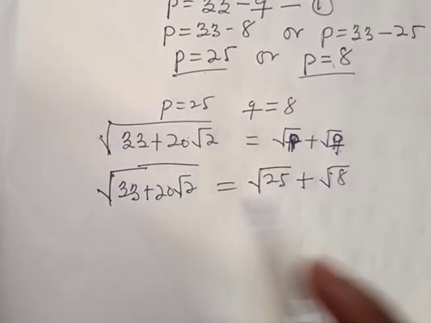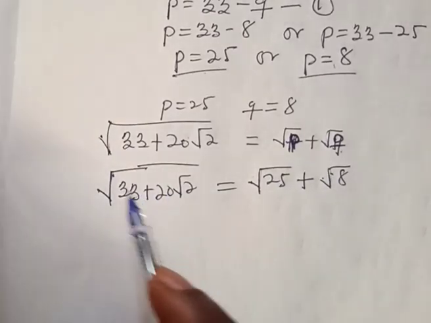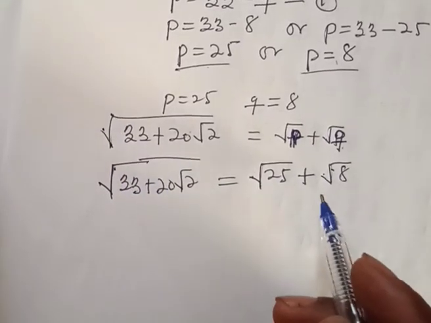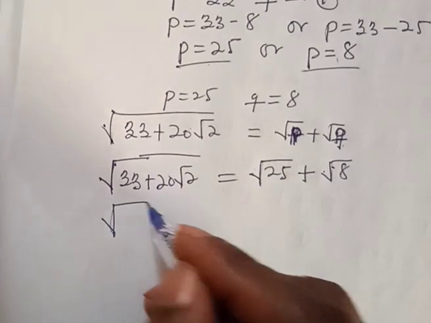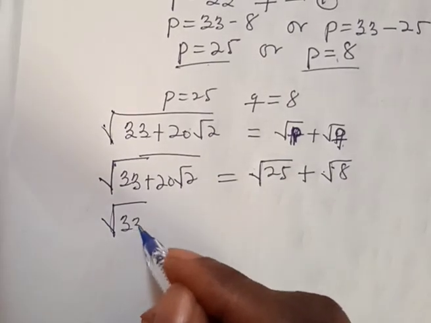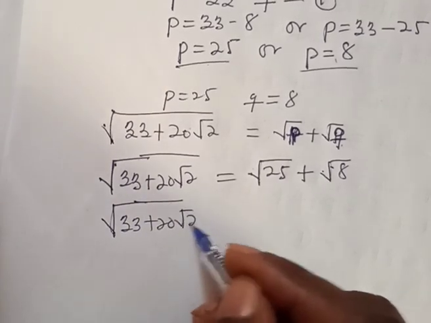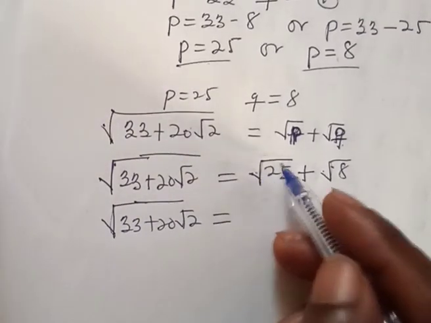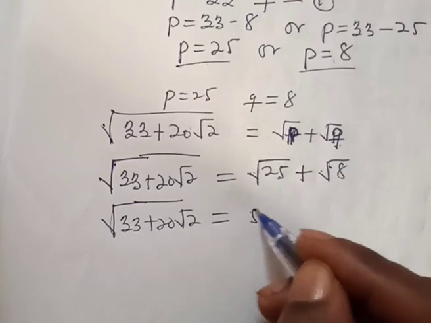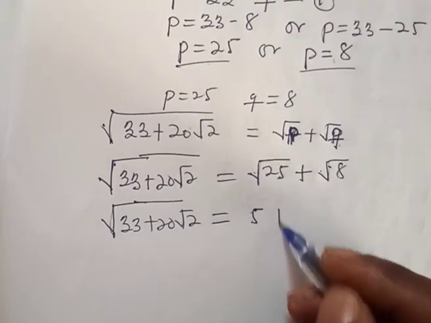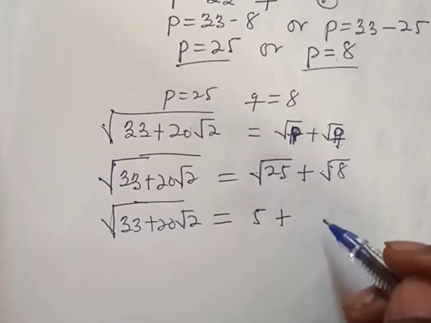So we are testing to see if we will get the same value here, because that is what we said. Okay, good. So let me still maintain this. I have this plus 20 root 2, which is equal to, so root 25 gives me what? 5. All right, plus root 8 gives me what?